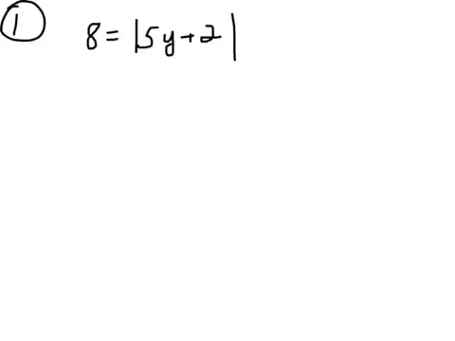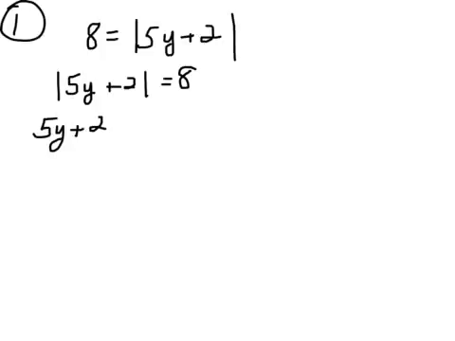We have 8 equals the absolute value of 5y plus 2. If it bothers you to look at that, you can always rewrite it. If it's an equal sign, you can just switch the two sides, and that might make it look more like what your brain's used to seeing.